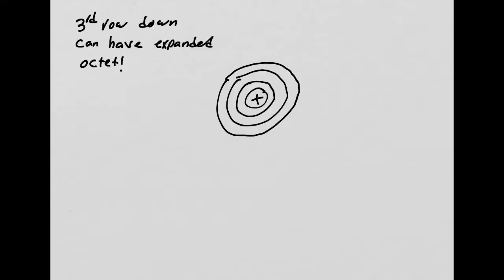Here's what's going on. Remember we had the nucleus, yeah? And then we had the energy levels around it. And if you remember, the first energy level had only an s orbital. The second one had s and p. The third one has s, p, and d, yeah? Okay, and if you remember, on the first energy level, the s orbital, the maximum number of electrons you can have is only 2 electrons.